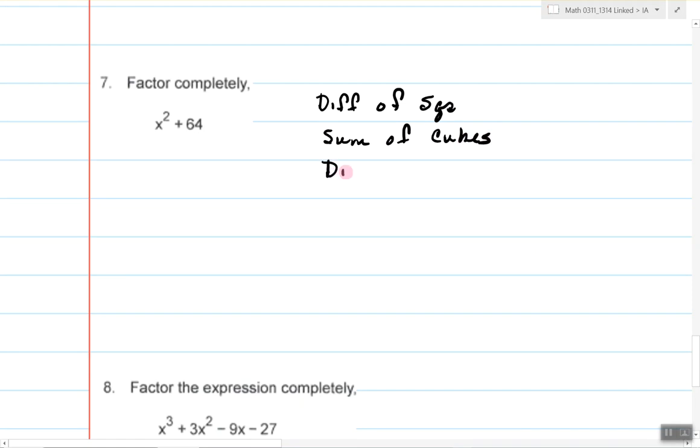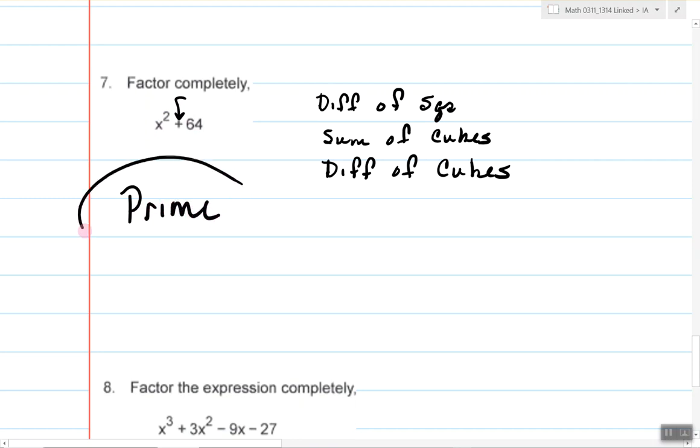We have difference of cubes. Now, although these quantities, x squared and 64, are squares, this guy right here is a sum. The sum of squares is prime. There is no factoring to be done.